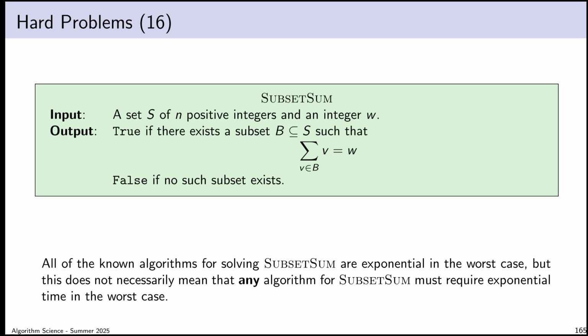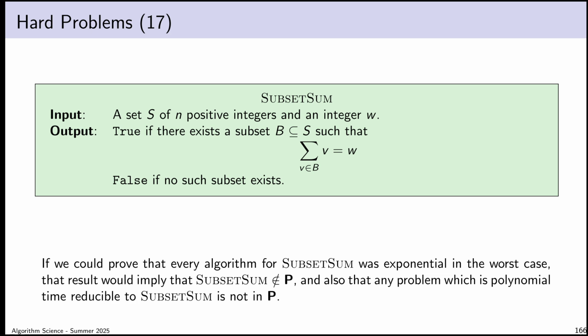Or for all we know, maybe they'll find a polynomial time algorithm for partition. That would be sufficient because we know that subset sum is polynomial time reducible to partition. If I could write a proof that it's impossible to create an algorithm for subset sum that is polynomial time, that every algorithm must require exponential time, that of course would imply that subset sum is not in P. It also implies that any problem that can be reduced to subset sum in polynomial time is not in P. Because if subset sum is not in P, then any problem, actually this is written the wrong way around.